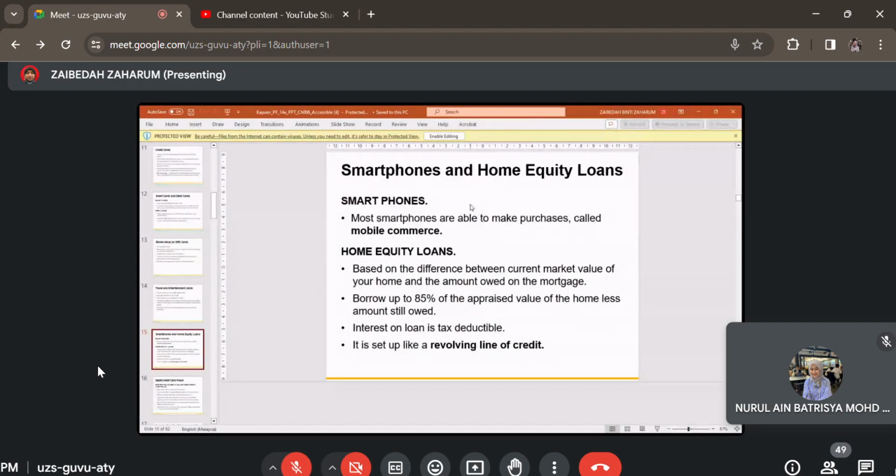Dan selalunya kita boleh borrow up to 85% of the appraised value of the home, less amounts owed tadi tu. And then interest on loan tadi merupakan tax deductible, okay, untuk this loan tadi.